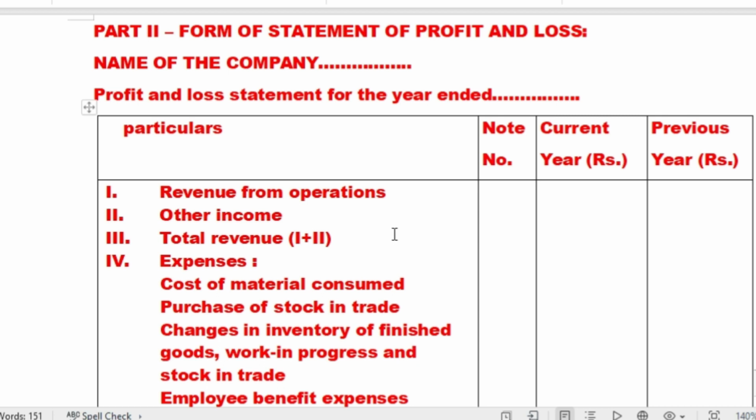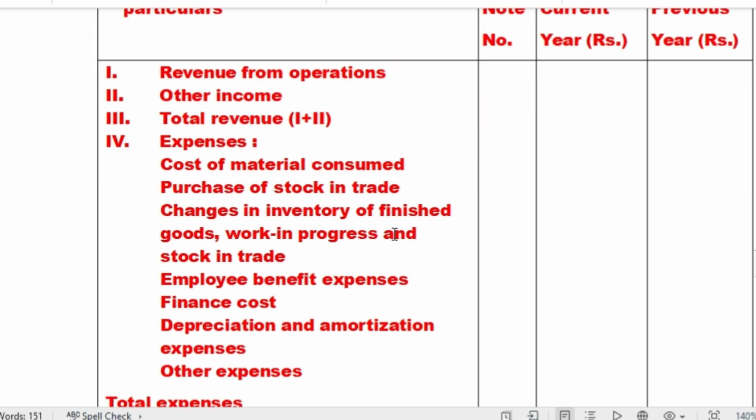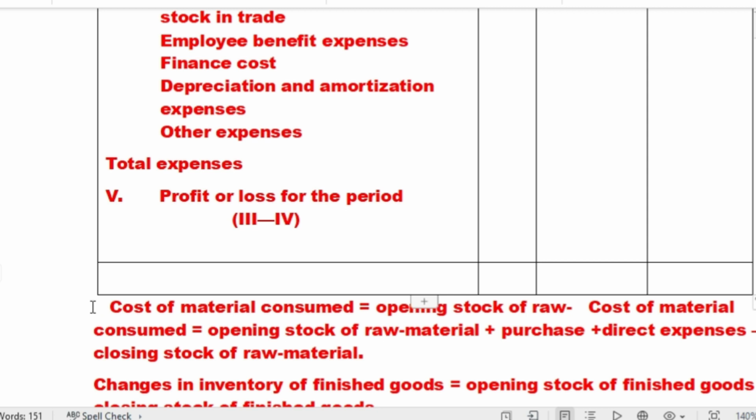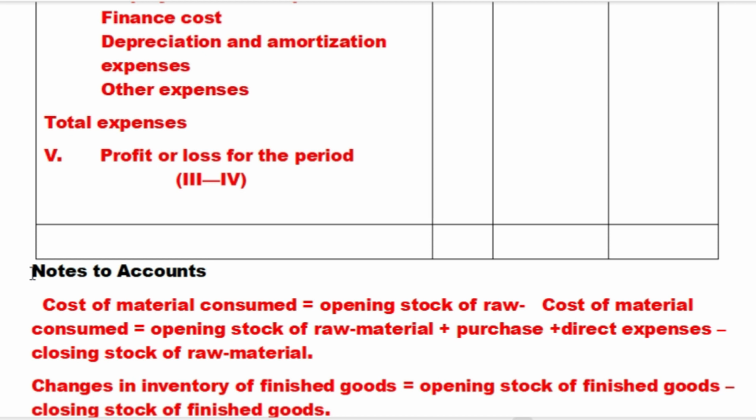This is the form used to prepare the profit and loss account of a company under Companies Act 2013. This is the new format prescribed. And notes to accounts, which we have to show here like this. Notes to accounts are also shown with the balance sheet.